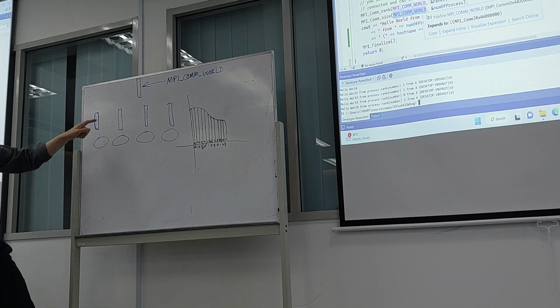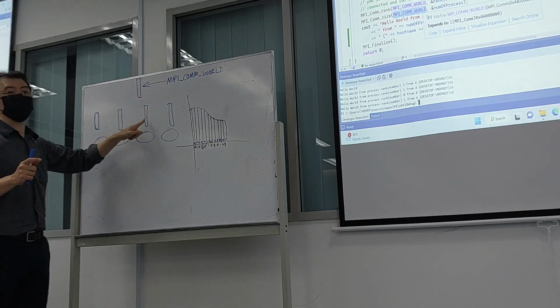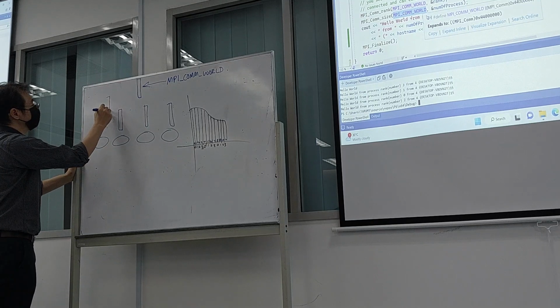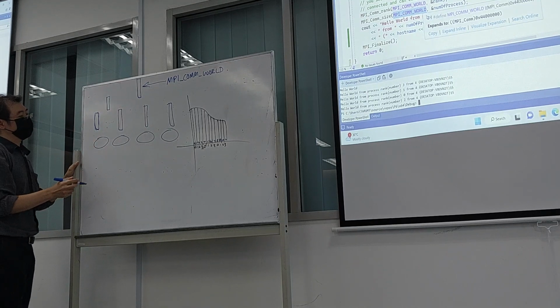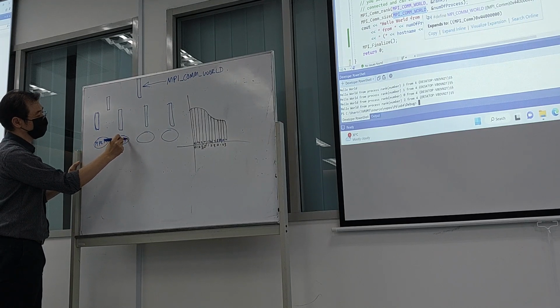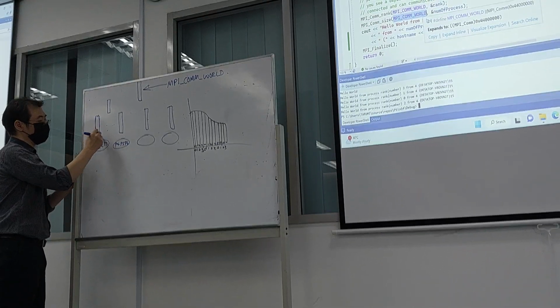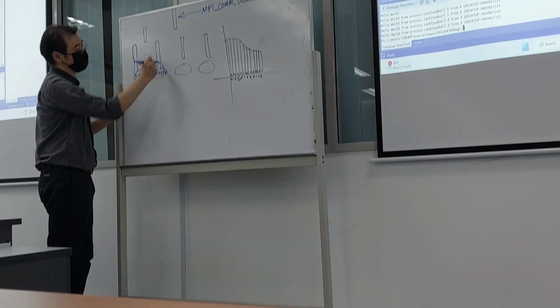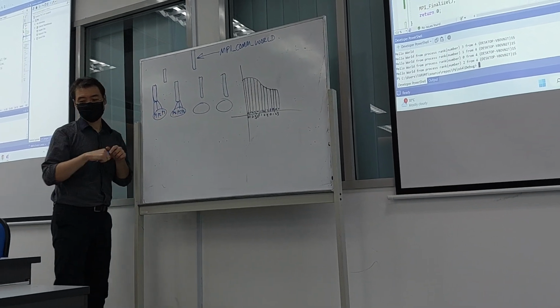Now, is there a limitation? Can you only listen to one and not the other? No. You can actually create another channel like this. Let's say this one is P1, P2, P3, and this one is P4, P5, P6. P1, P2, P3 are going to listen to this channel. P4, P5, P6 are going to listen to that channel. Also can.